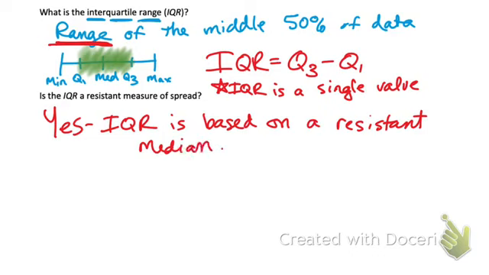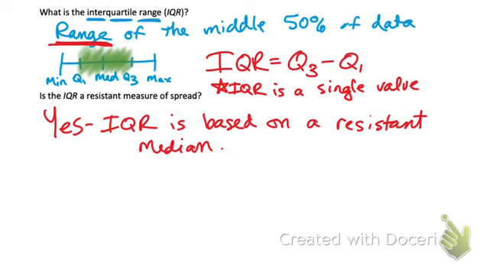Okay, that's all fine and good, but there's actually another reason that we could use to state that it's resistant. Think about resistance. The definition of resistance is that it's not going to react to extreme values. And think about where the IQR is. Does it even take into account anything that's happening out in the extremes? Not at all. Literally the IQR cuts off the upper 25% and the lower 25% of the data and says, I don't care about you.